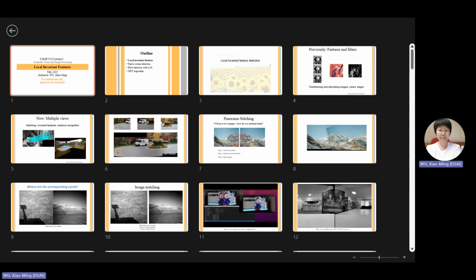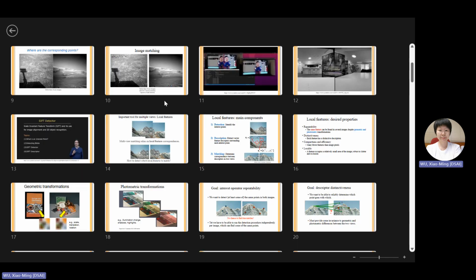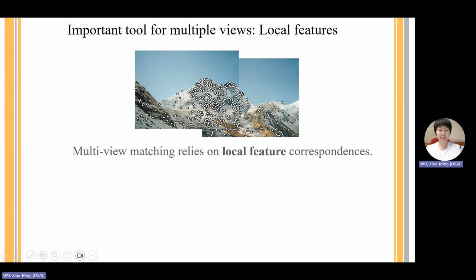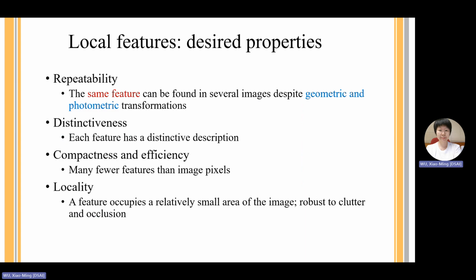Okay, so last week we briefly introduced local invariant features. And we also talked about that if we want to do image stitching or image matching, then we should be able to identify some local features which have the following properties.